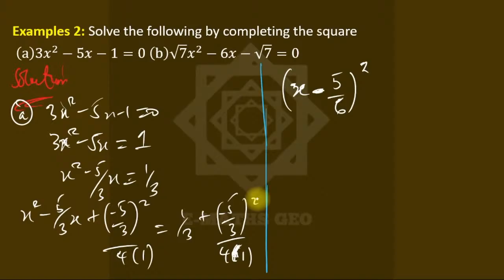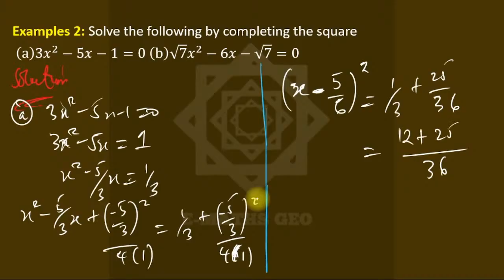So that's it. Why this one? I told you to open up this plus 25 over 9 times 4, which is 36. So here the LCM is 36, which is 12 plus 25. So this is 37 over 36, remember, the same.